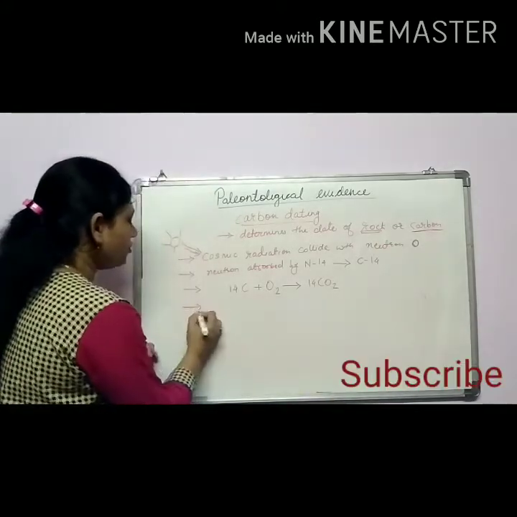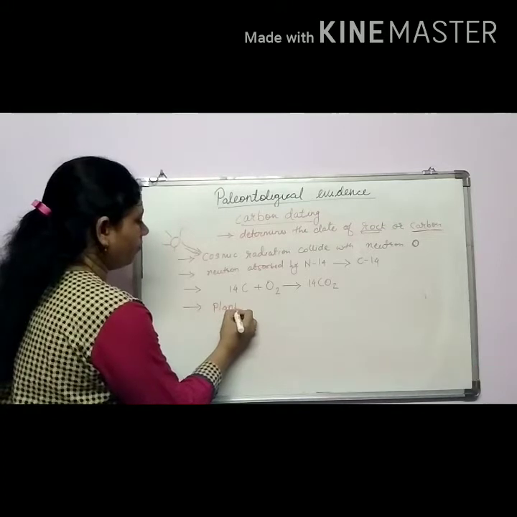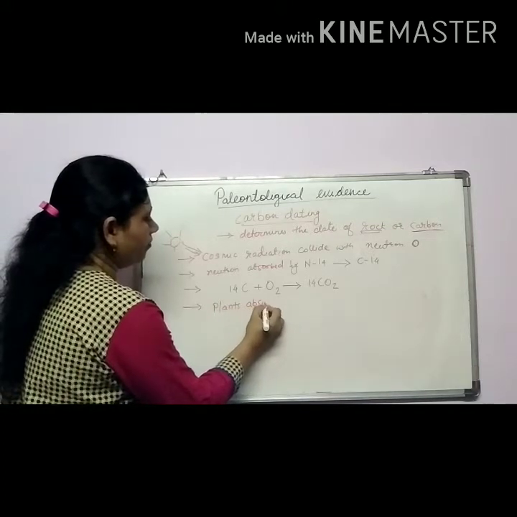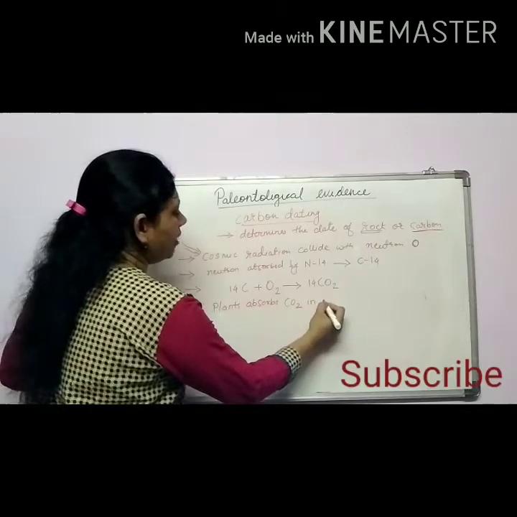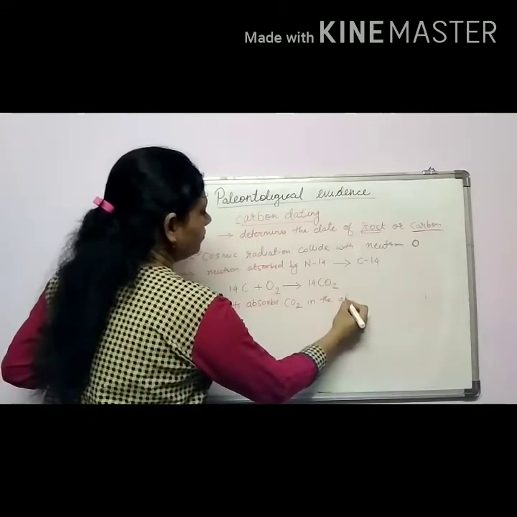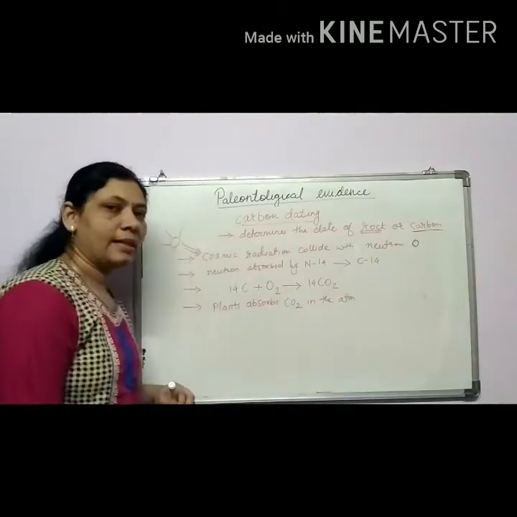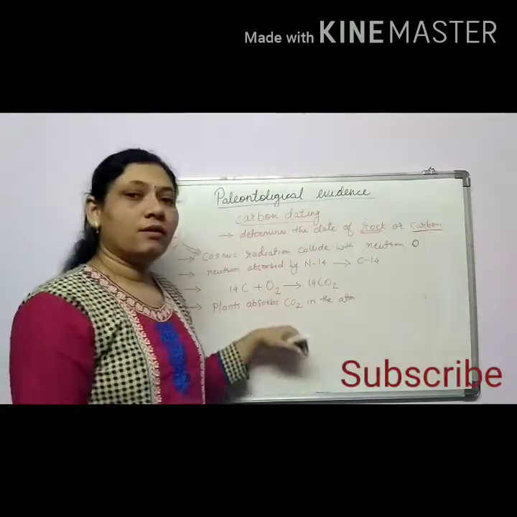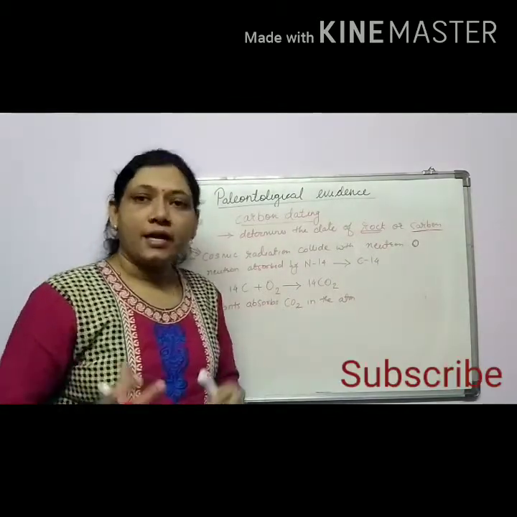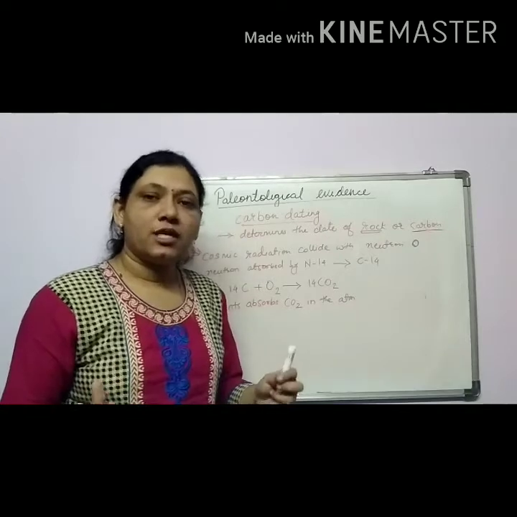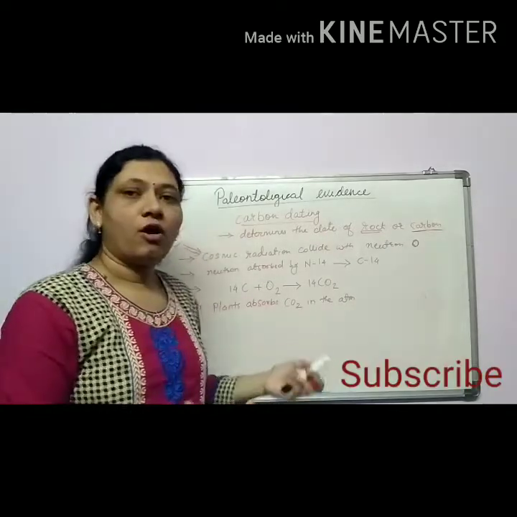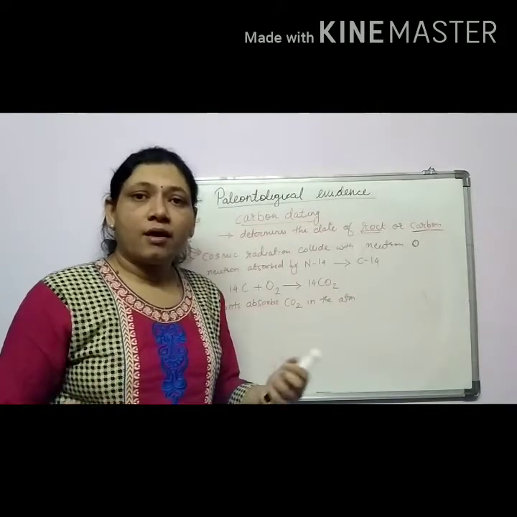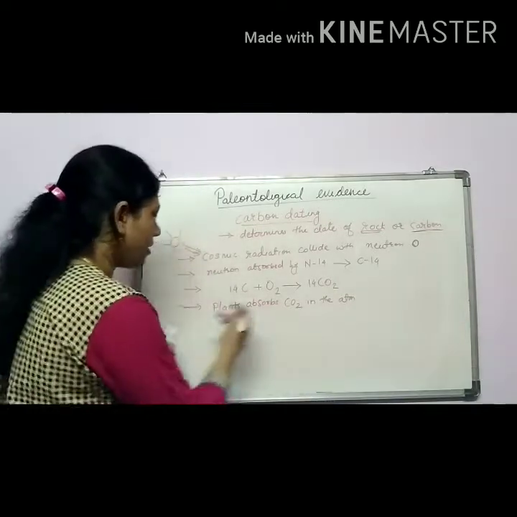So plants absorb CO2 in the atmosphere. Okay. Then naturally the animals which are grazing, which are eating plants, these animals also consume carbon through carbon dioxide.